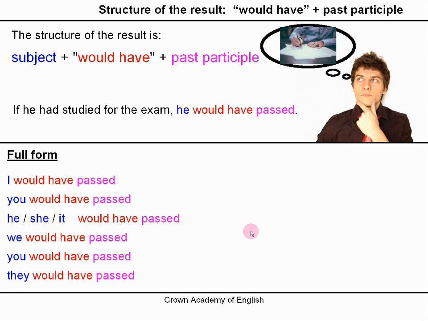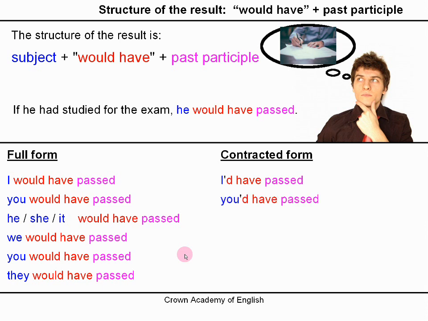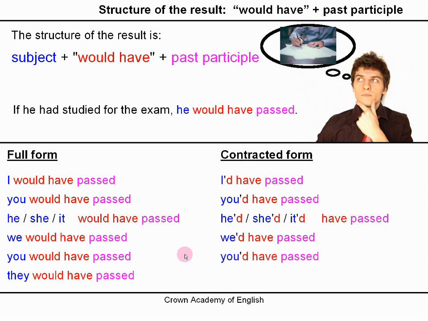And we can also put these in the contracted form. I'd have passed. You'd have passed. He'd, she'd, or it'd have passed. We'd have passed. You'd have passed.